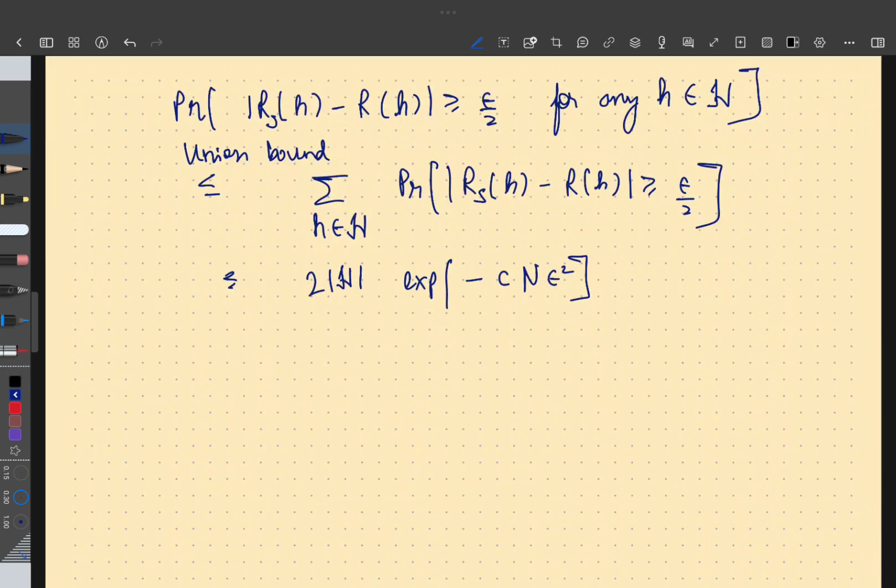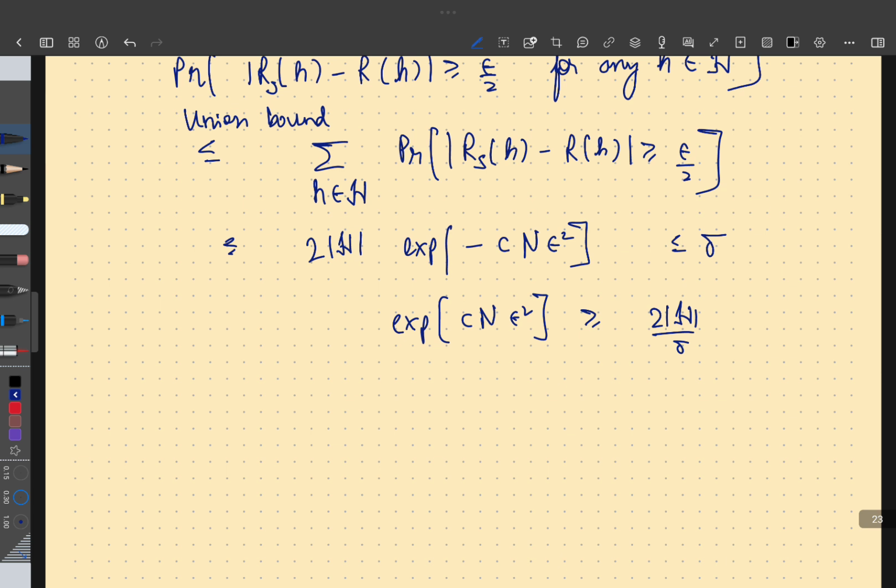Now I want this quantity to be at most delta, to guarantee uniform convergence. So if I want this to be less than or equal to delta, then I want e to the power c n epsilon square to be at least 2 times the size of h divided by delta.